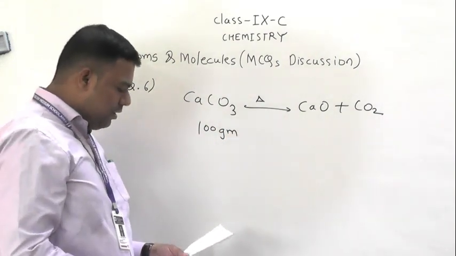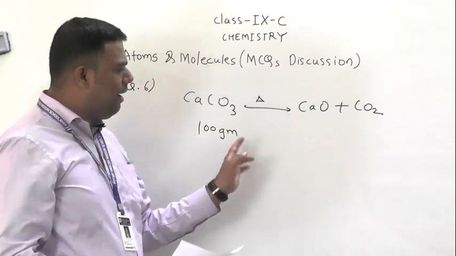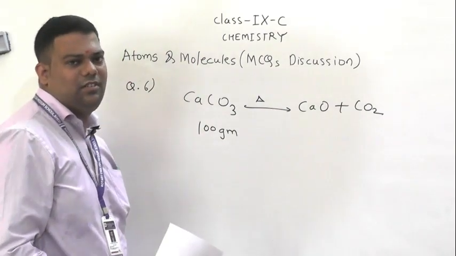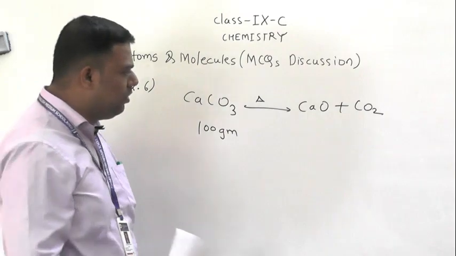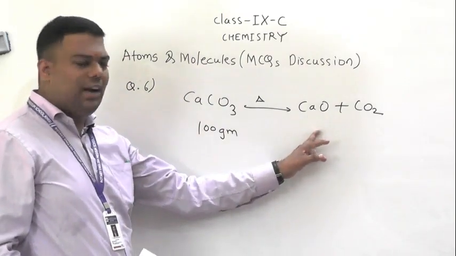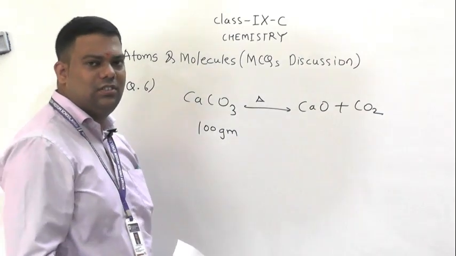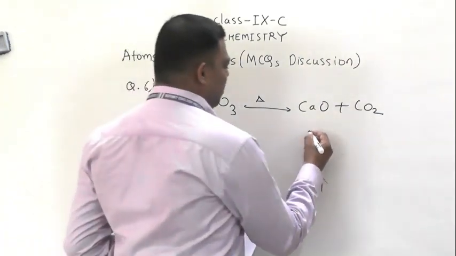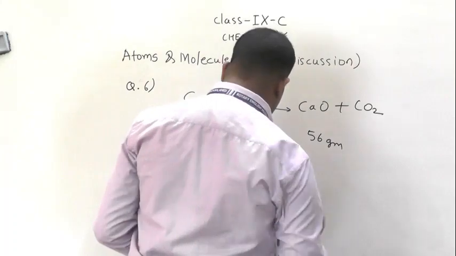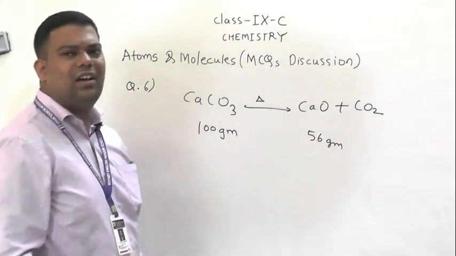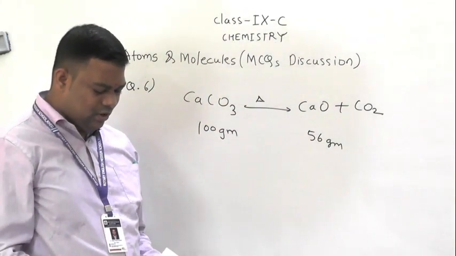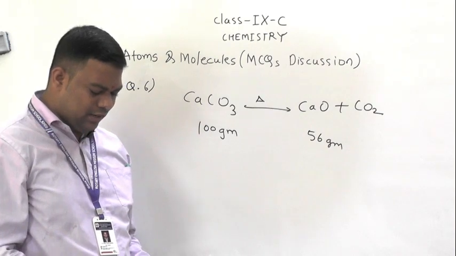Okay, then how much lime can be obtained from 100 gram? That you have to calculate first. So CaO, calcium 40 and oxygen atomic mass 16. So 40 plus 16, yes, how much? 56. Okay, here is the simple relation. So how can we calculate here?